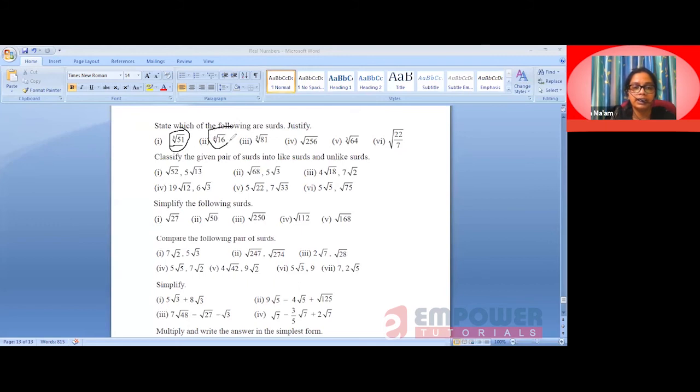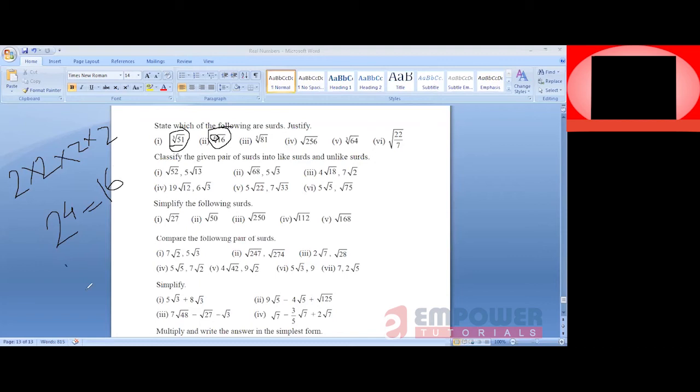What about fourth root of 16? It's not a square, it's a fourth root. So you can say 2 into 2 into 2 into 2. So 2 raised to 4 will be 16. Am I right?